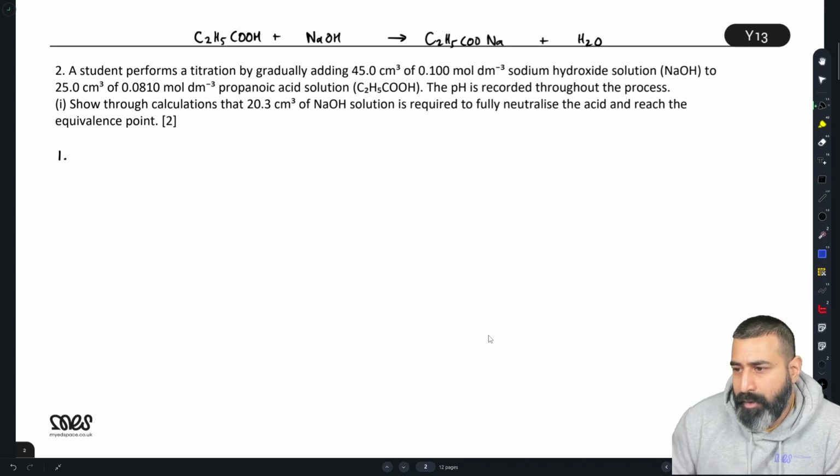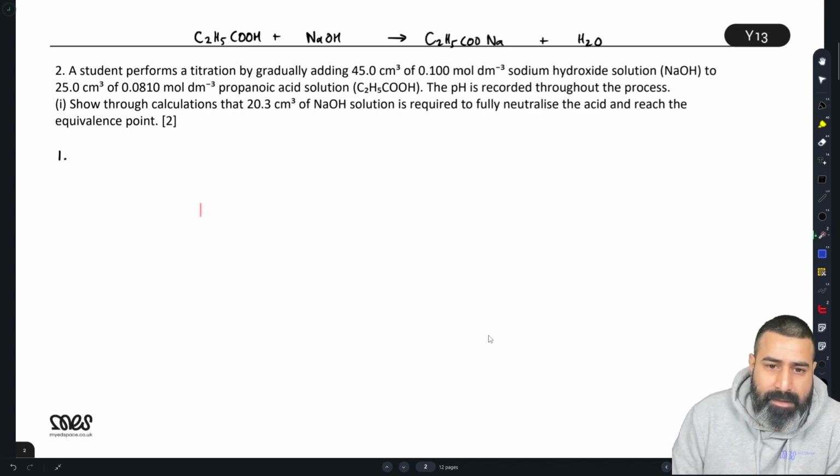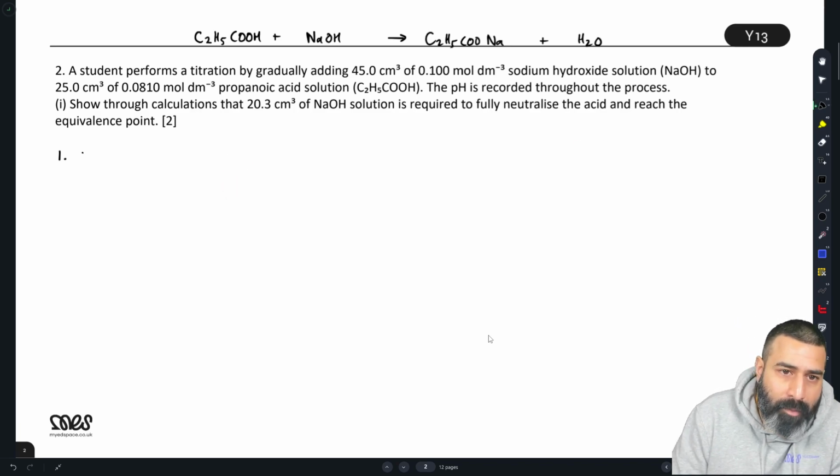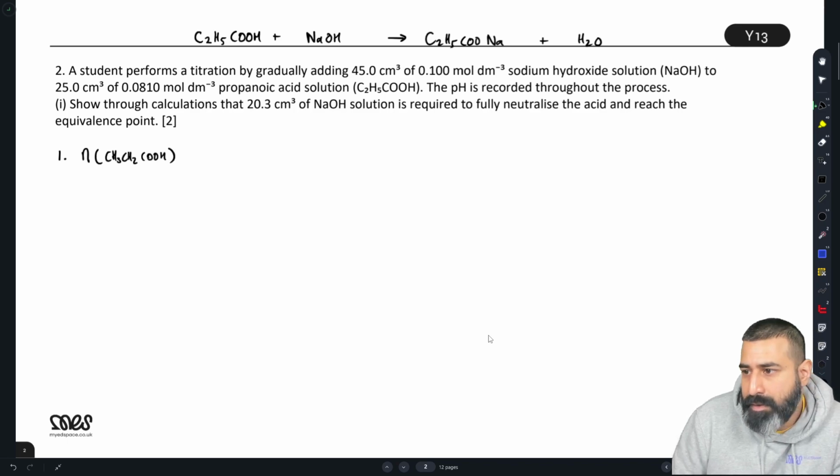So we've got a conical flask with a set volume of propanoic acid in here, and we're titrating it against sodium hydroxide, which is coming from the burette, right? So let's work out the number of moles. n stands for the number of moles of propanoic acid, CH3CH2COOH.